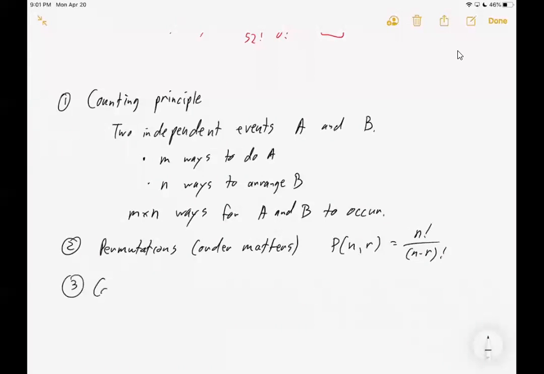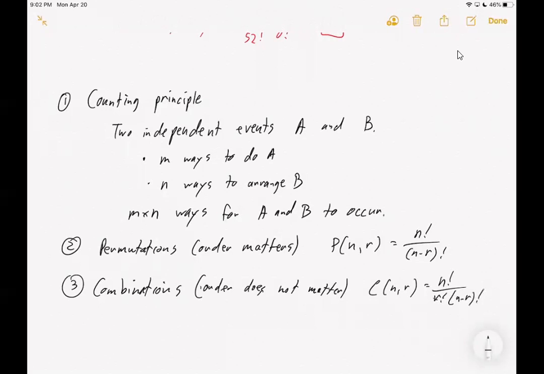And then there were combinations, where order does not matter. And that was C of n comma r, n factorial over r factorial, n minus r factorial. Okay, so we're going to put these three things together in a couple of simple problems.